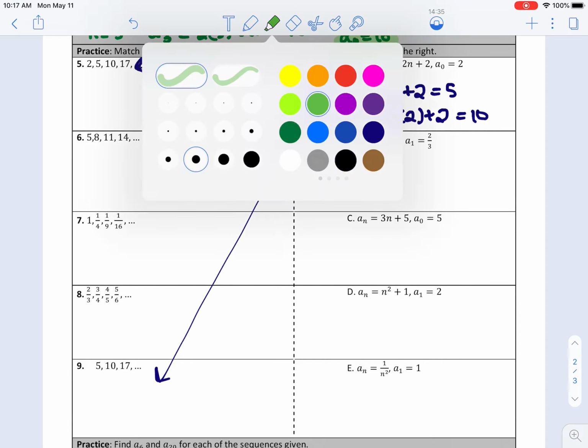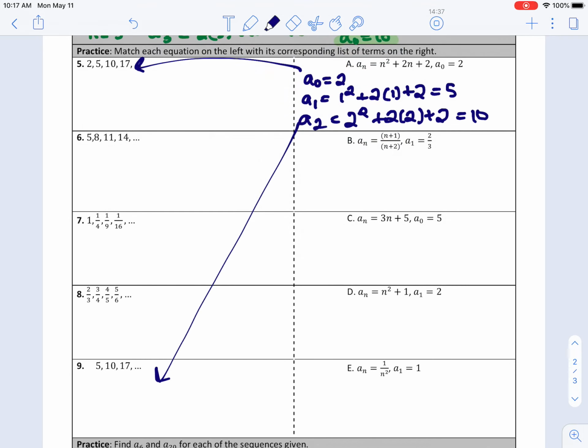So I'm going to analyze which one I have here. What is my first term here? It says my first term is 5. So I am going to match sequence A to the sequence of terms in 9. A subtle difference there between those two lists of numbers.